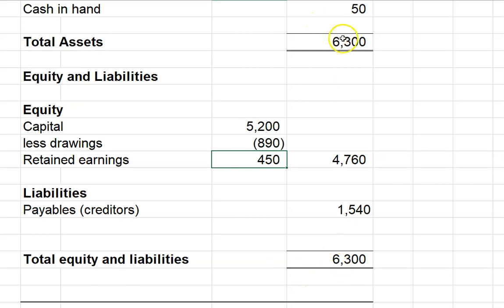So the total amount invested in assets or owned by the company as assets is 6,300. Where the company got the money to buy those assets are borrowed 1,540, and the rest came from the owner's investment in the business between capital invested, less any drawings, plus any retained profits that was kept in the business.